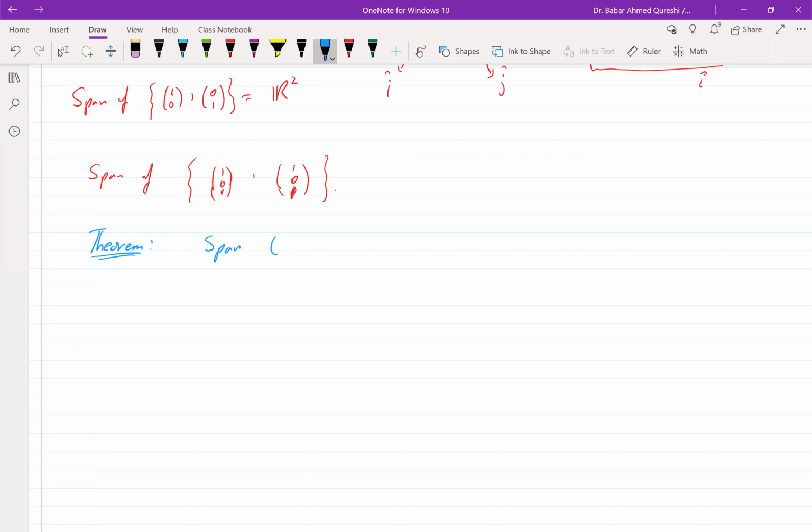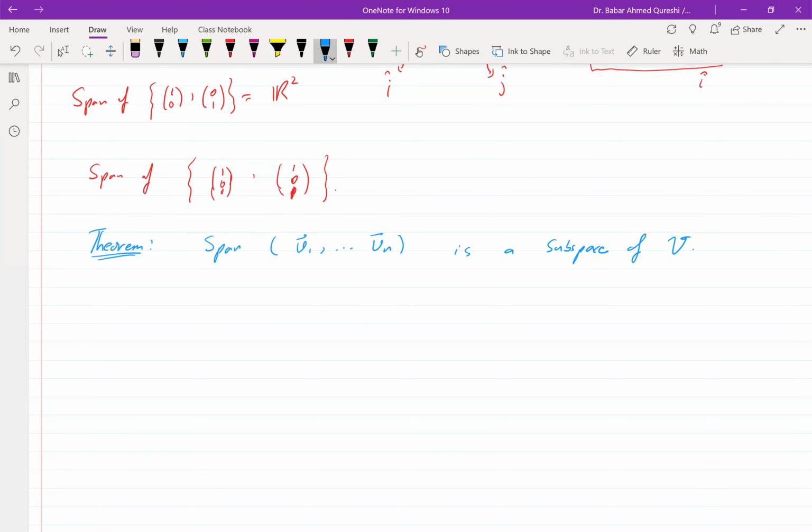That's the question. And this theorem says that this is true. The span of any number of arbitrary vectors is a subspace of V.